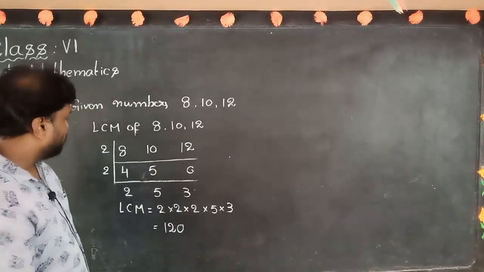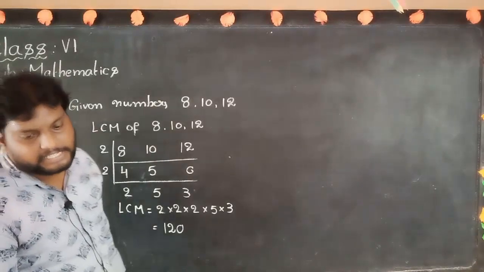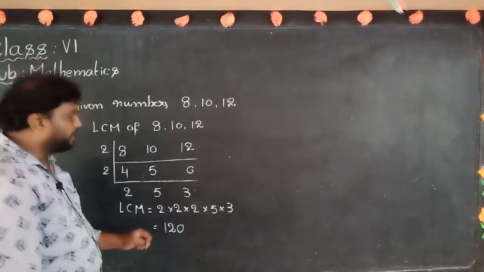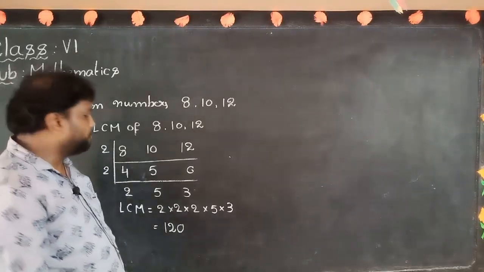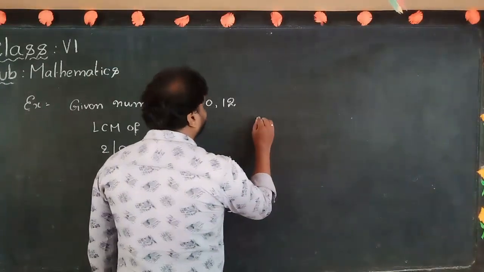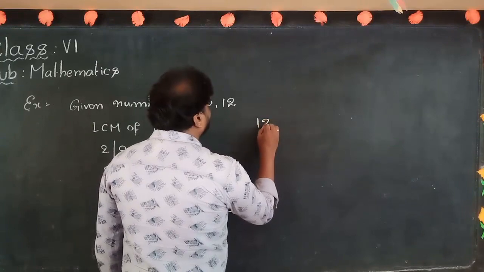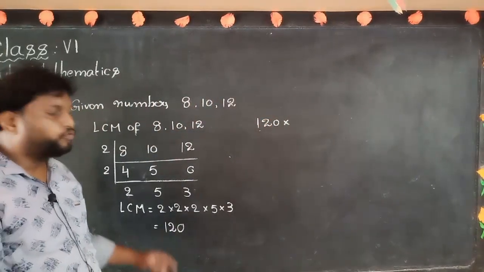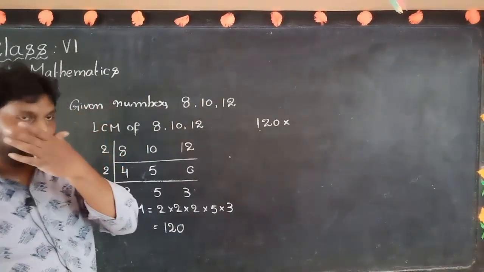Okay, now we want to take the greatest three-digit number. Greatest three-digit number means which number should we multiply 120 with? 120 is a three-digit number, but we want the greatest three-digit number.